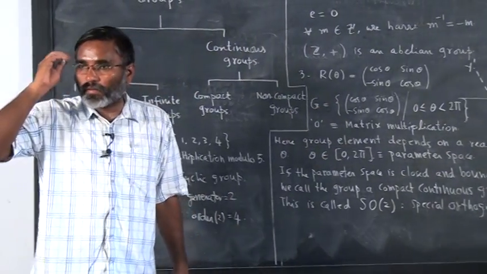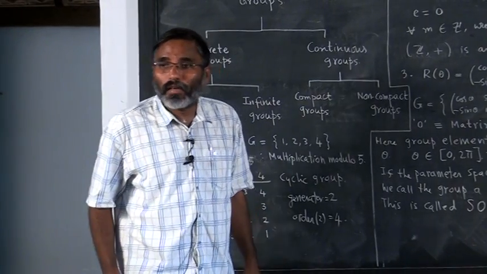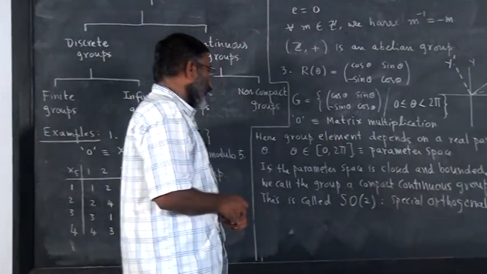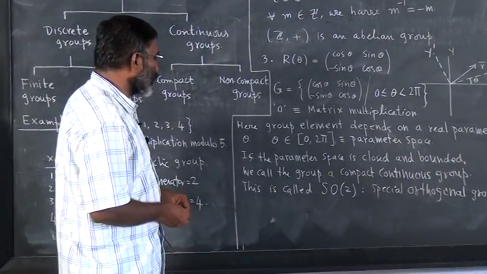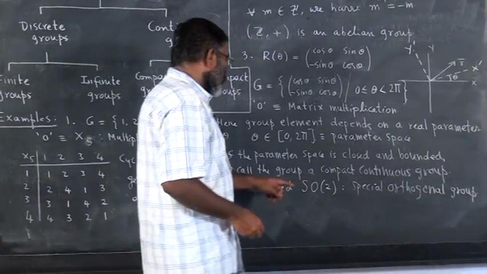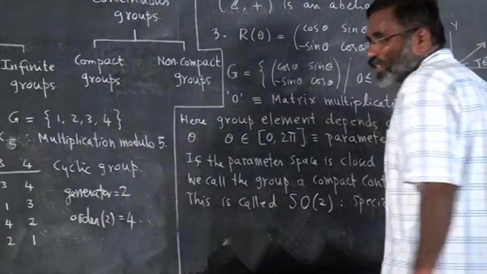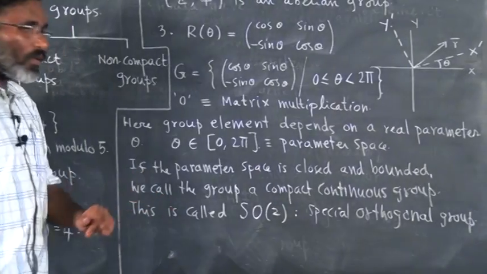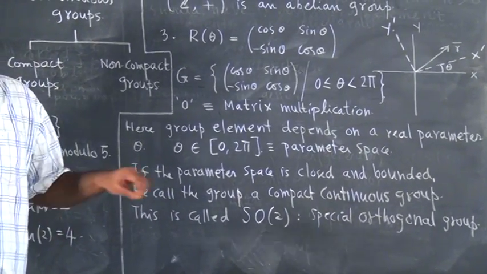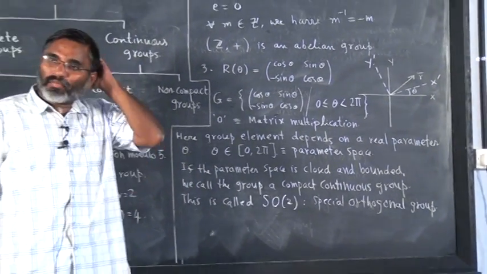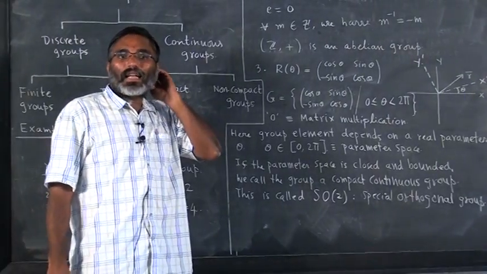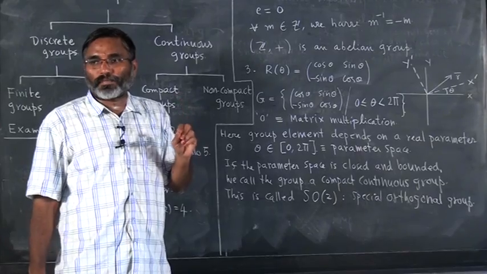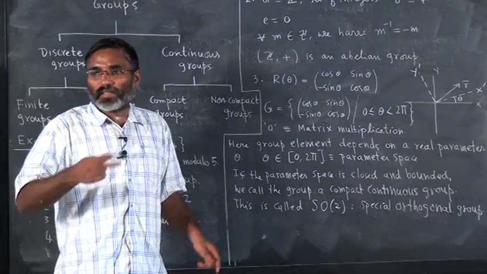So the 2 is not its dimension. This 2 only says that the rotations are in 2-dimensional space. We also have the concept of dimension of this group. Dimension of the group is equal to the number of parameters. In this case, it is 1, because there is only one parameter, theta.